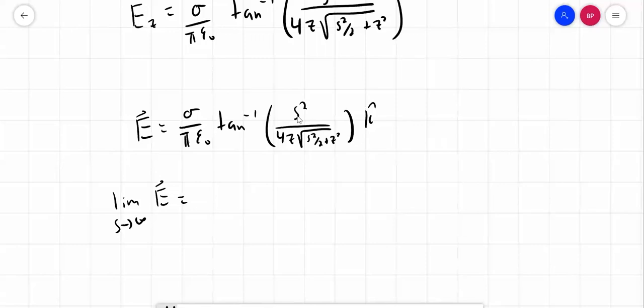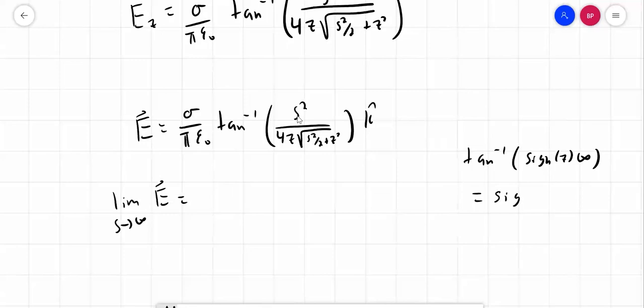But we also have a z here. So really, this thing is like the arctan of the sign of z times infinity. So if the arctan of positive infinity is positive pi over 2, the arctan of negative infinity is negative pi over 2.